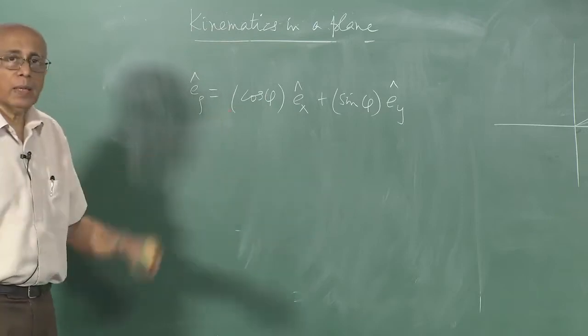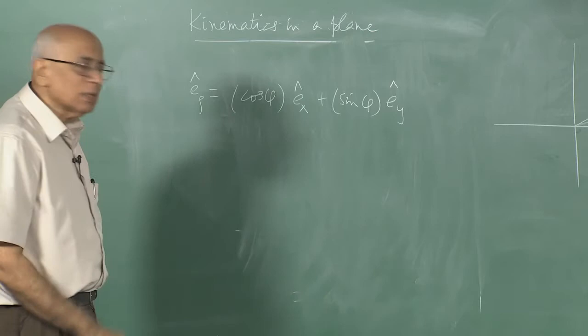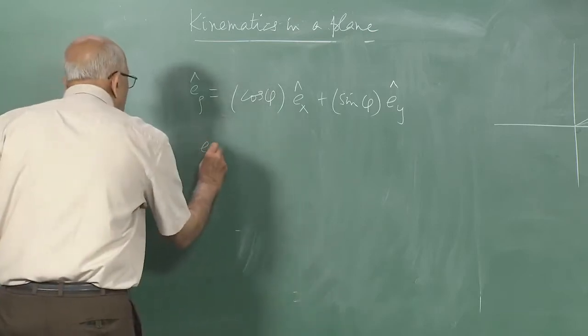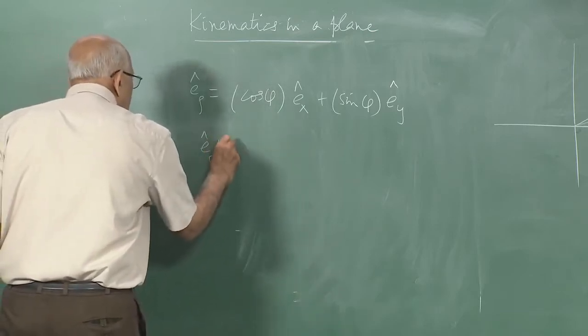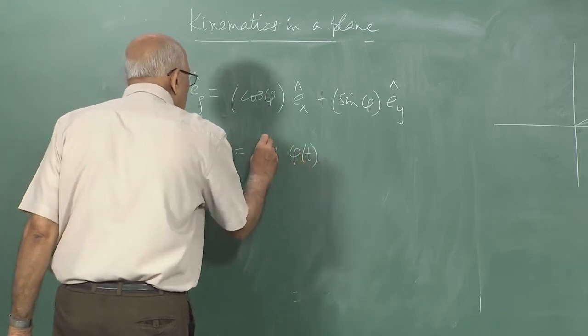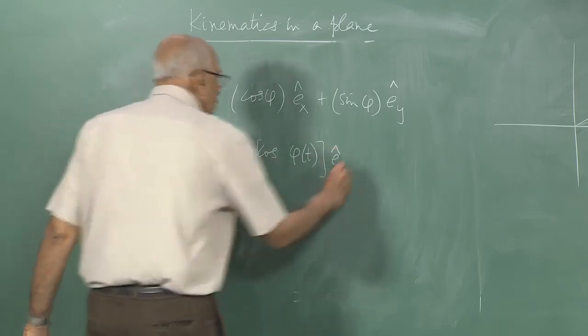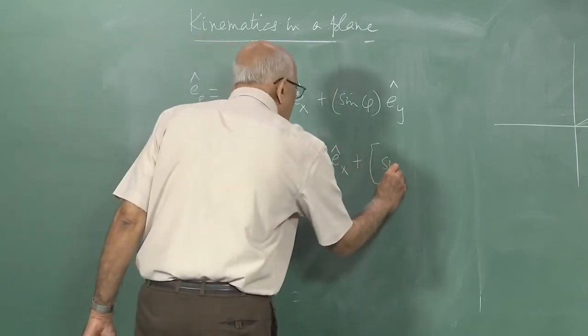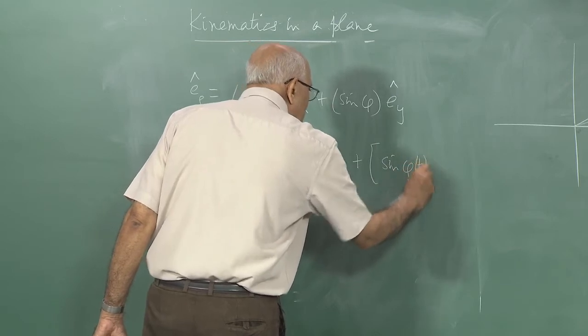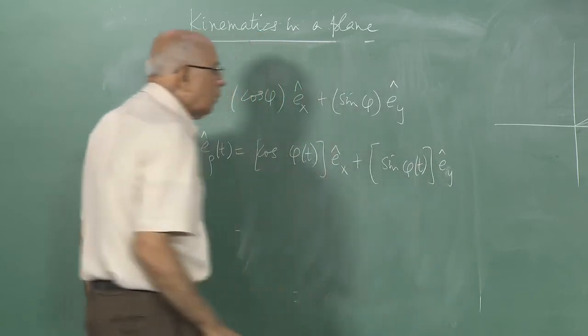And now we have a particle moving, which means the rho and phi for this particle are changing as a function of time. So we have E rho of t equal to cos phi, which is a function of time, multiplying a constant unit vector, plus sin phi as a function of time multiplying a constant unit vector in the y direction.